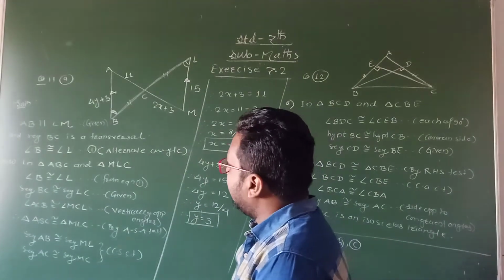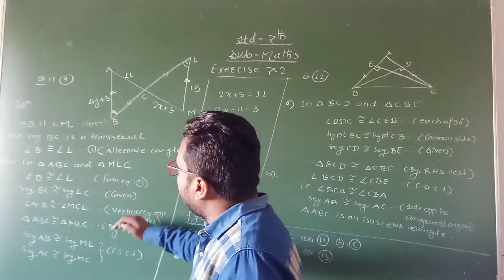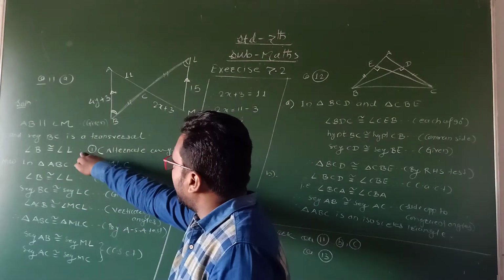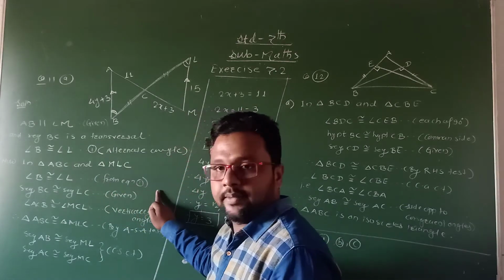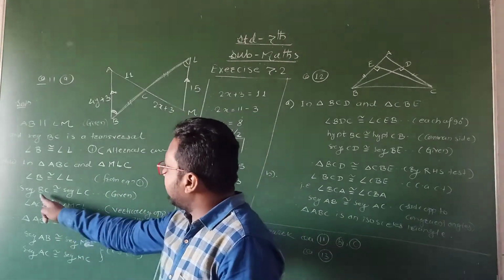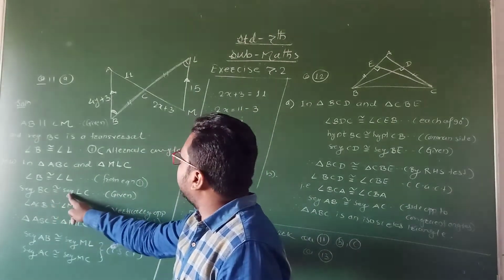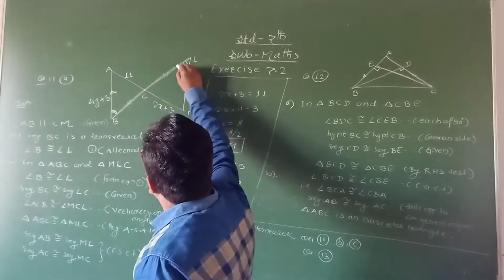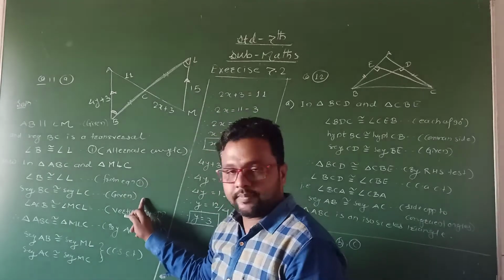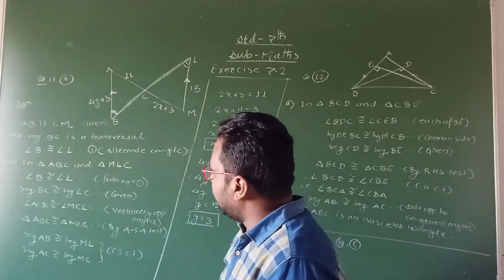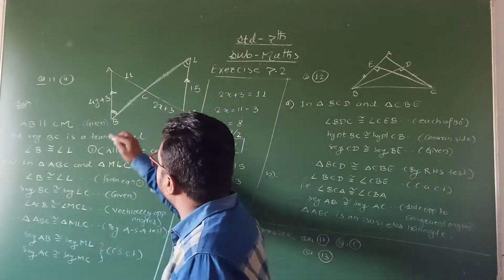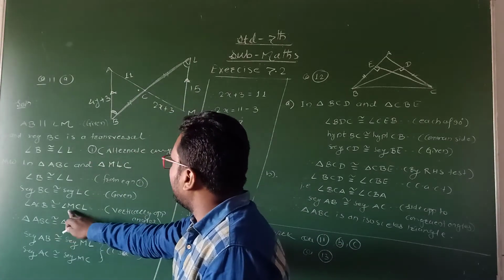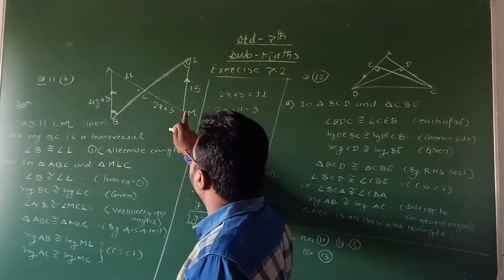Then now in these triangles, angle B is congruent to angle L. We already proved this; from equation 1 we write. Then segment BC is congruent to segment LC. This is also given. Then angle ACB is congruent to angle MCL.